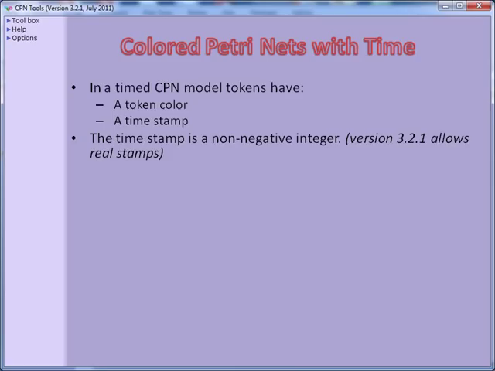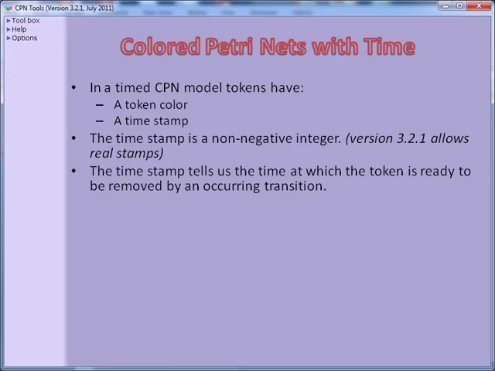But the latest version, the one that hopefully you will be using, version 3.2.1, allows real stamps as well. In order to use real stamps, you have to set an attribute which allows CPN tools to run with real numbered timestamps, and we'll see how that feature can be set or reset.